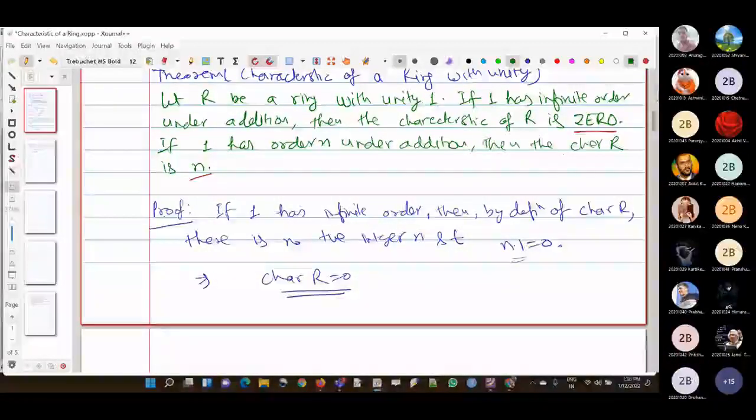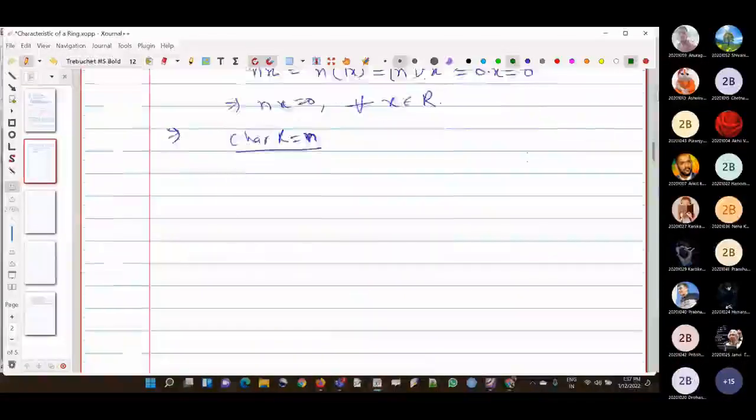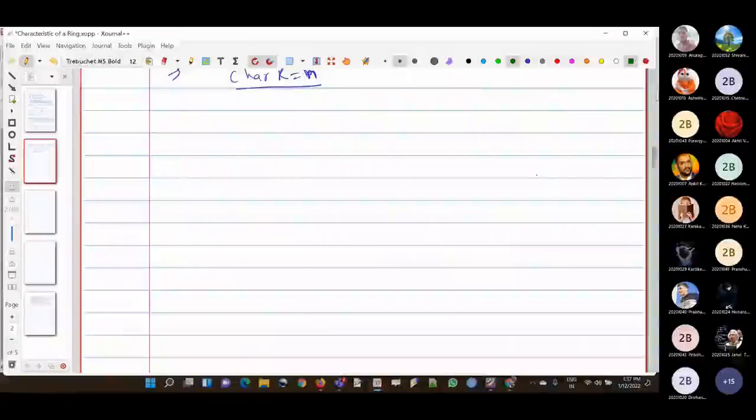But in case of integral domain, the order of 1 is going to be a prime number, and therefore the characteristic of that ring is going to be prime. So either 0 or prime. Okay. So the next theorem talks about the characteristic of an integral domain.